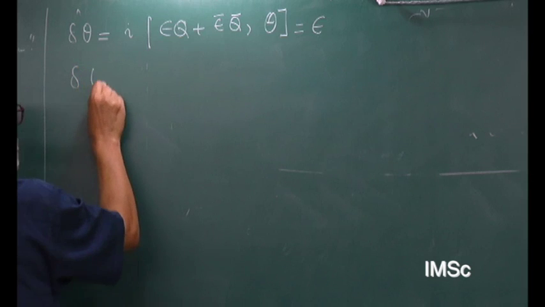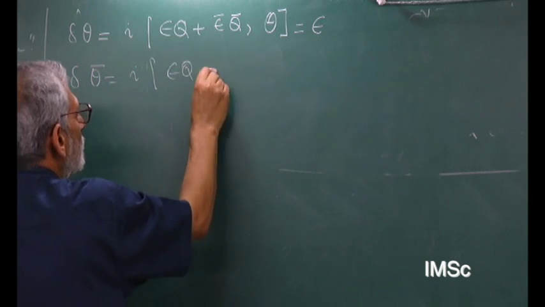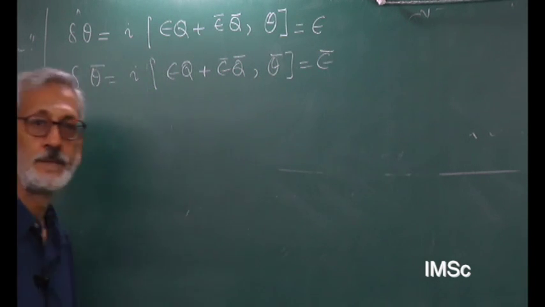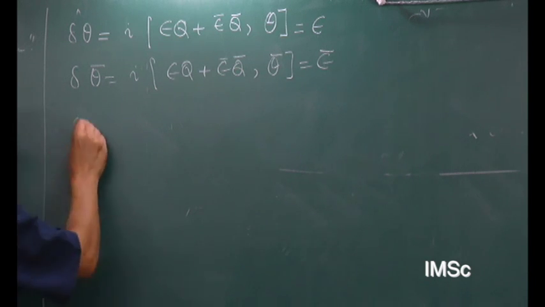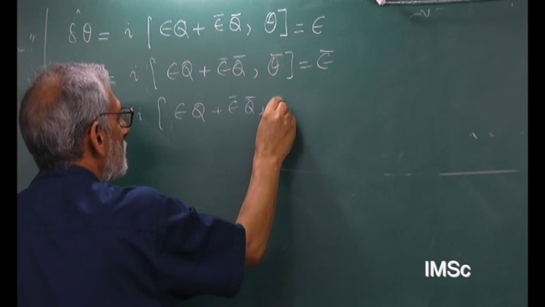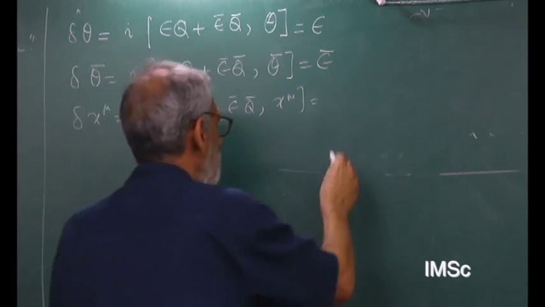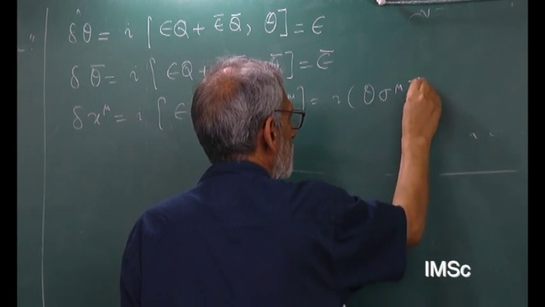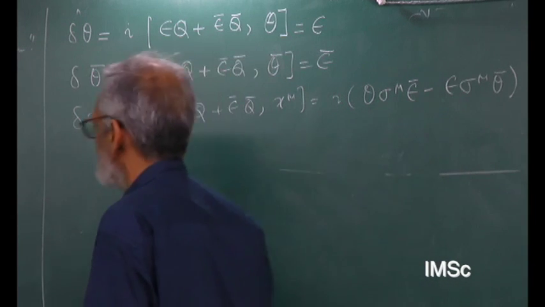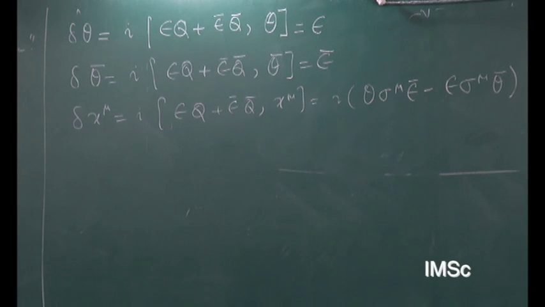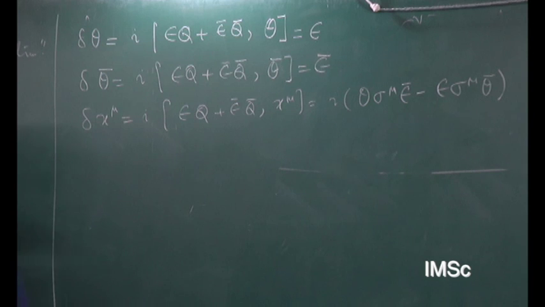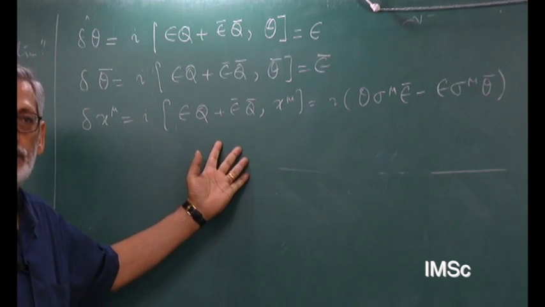Similarly, on theta bar, and on x mu, these transformation properties written in terms of generators would have to follow these kinds of rules.